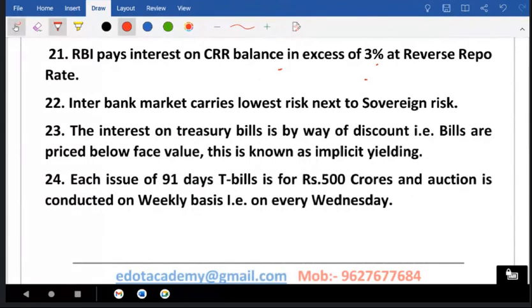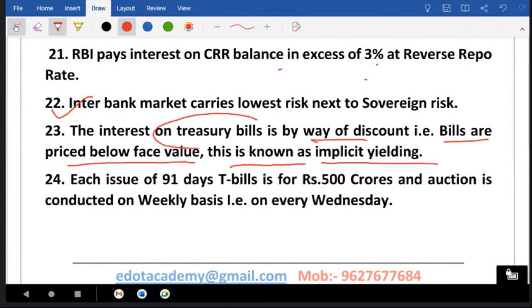Okay. The interest on a treasury bill is by way of discount. That is, bills are priced below face value, and this is known as implicit yield. So now we are talking about the treasury bill. A treasury bill is issued by the government of India.